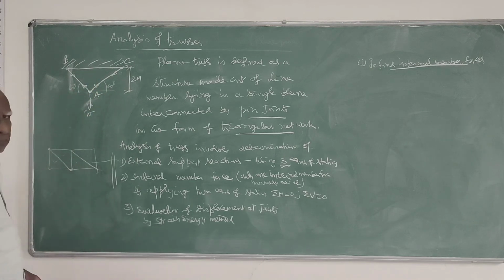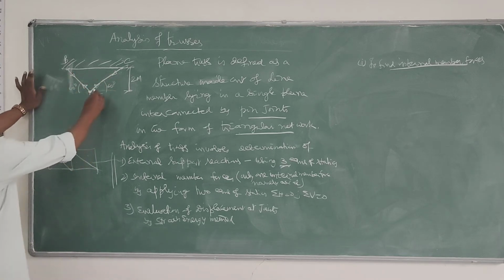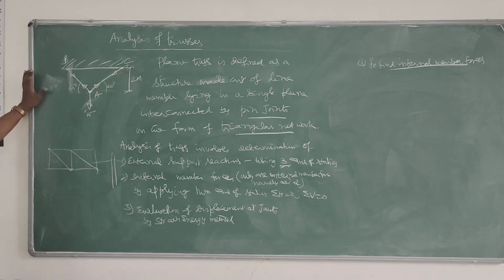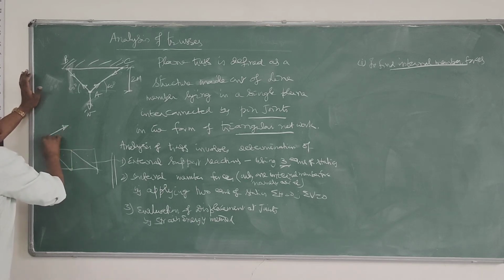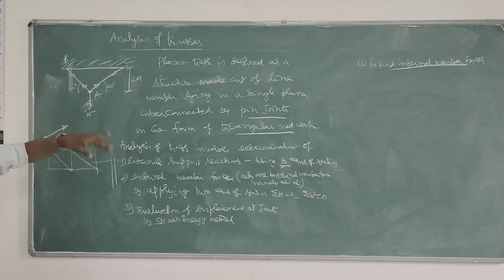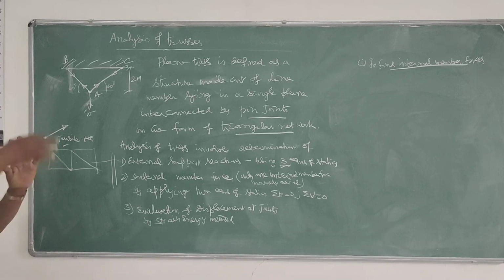Always you take the internal member force, the axial force, as tensile force, which we denote by showing the arrow moving away from the ends. That sign convention we adopt. Always the arrow moving away like that. It is called tensile force, taken as positive. That's the sign convention we follow. In beams, we follow for shear force, at the section we were taking, towards left acting up positive, towards right acting down positive.